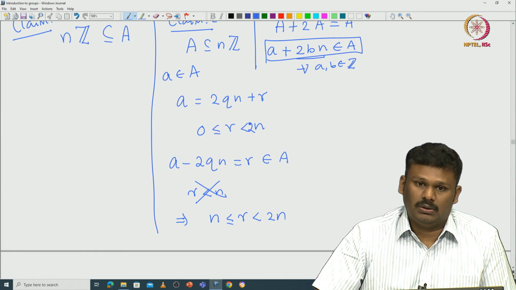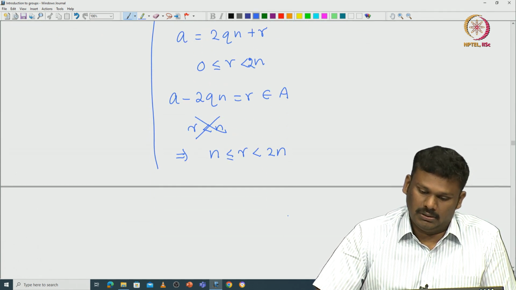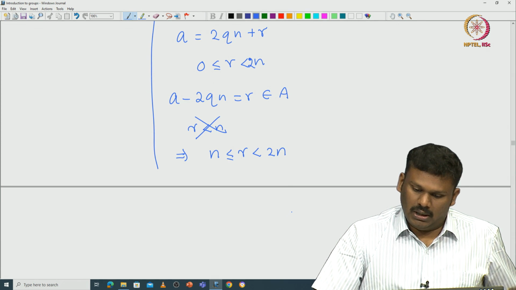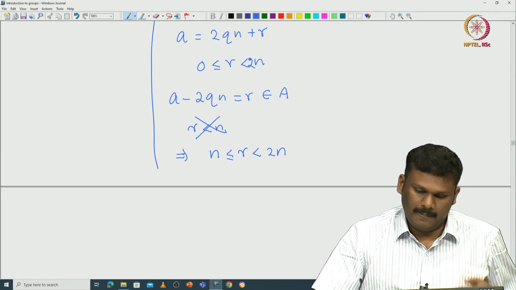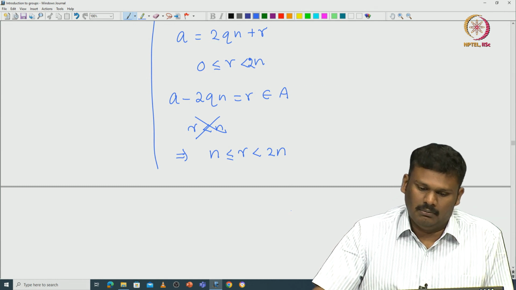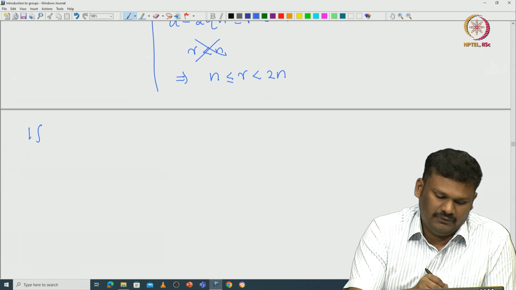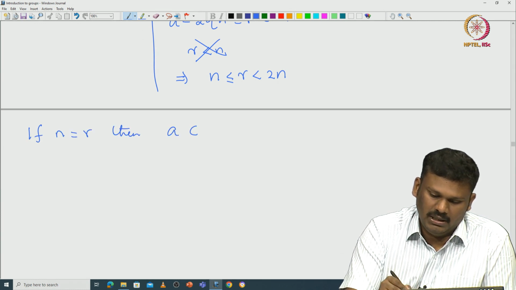So n less than or equal to r, less than 2n, that is what you have. So now if n is equal to r, then what happens? a will become a multiple of n. Okay. So if n equals r, then a will be inside nZ.